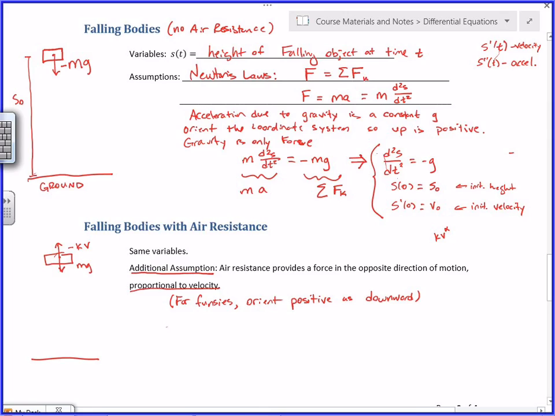And the k comes from this word proportional, right? Whenever we say something is proportional to another variable, we write it as k times that variable. Constant of proportionality, that's from your algebra. Okay, so again, we're going to set ma equal to the sum of all the forces. So that's m times the second derivative. Oh, that's s.